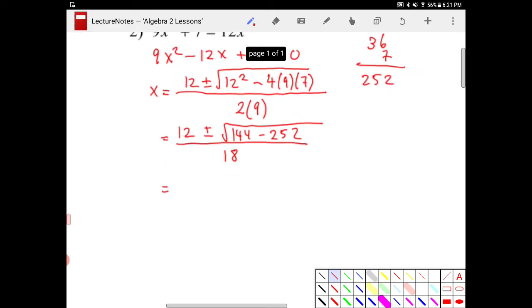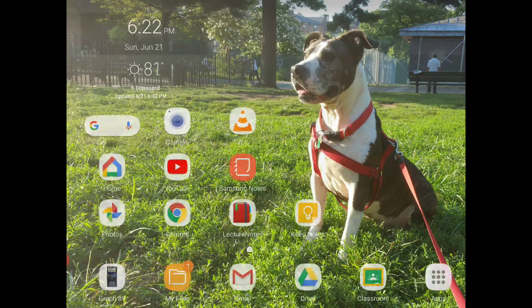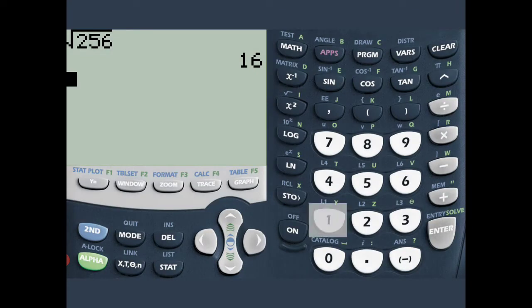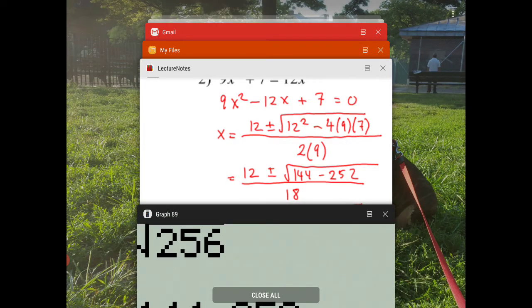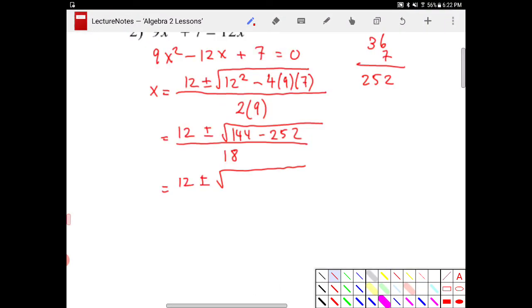And we're going to continue simplifying. This is 12 plus or minus square root of, so now I have 144 minus 252. You know what, I'm just going to get a calculator. So I have 144 minus 252. That's going to be negative 108. So that's square root of negative 108.